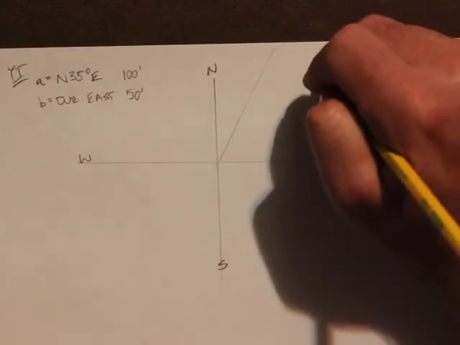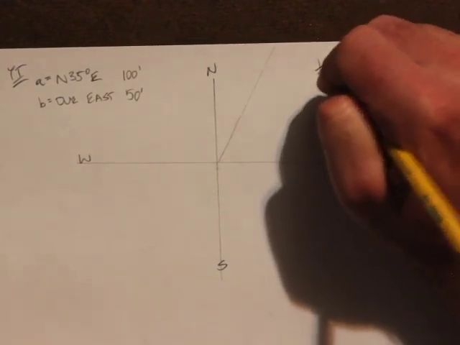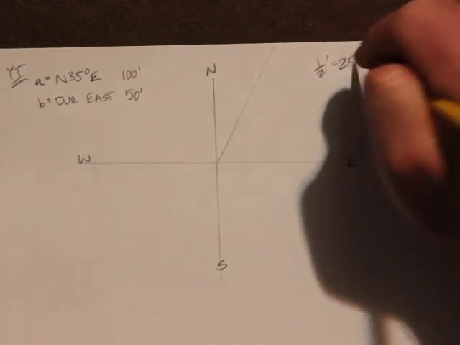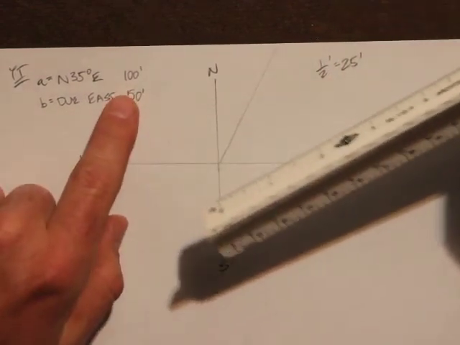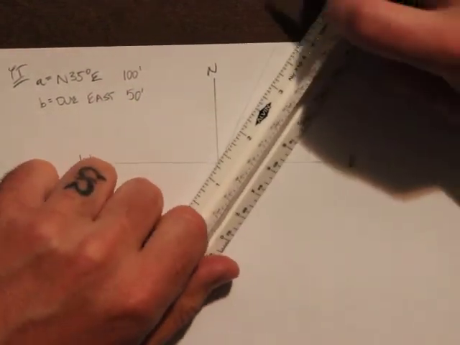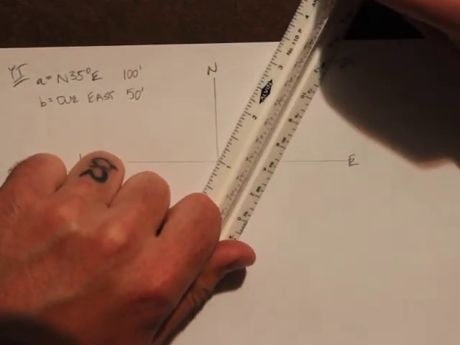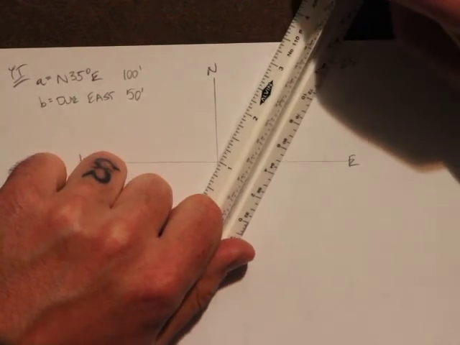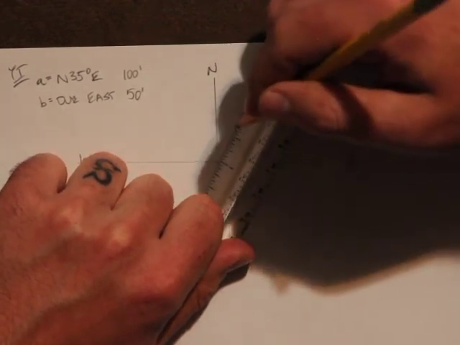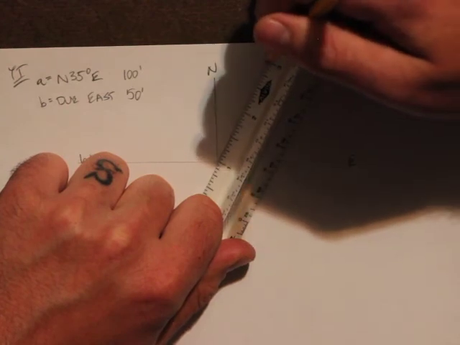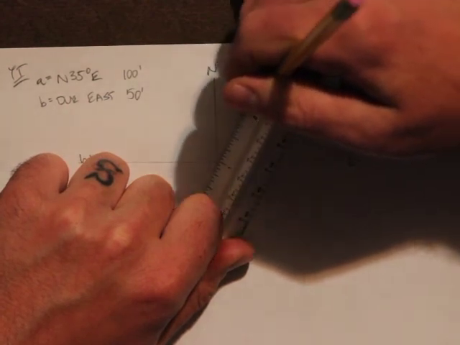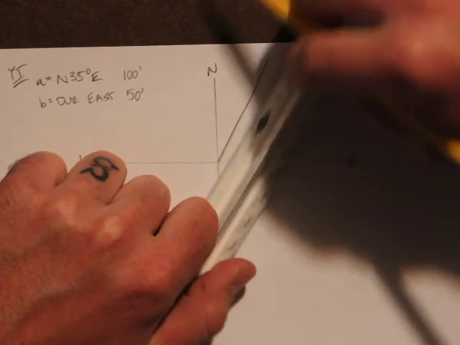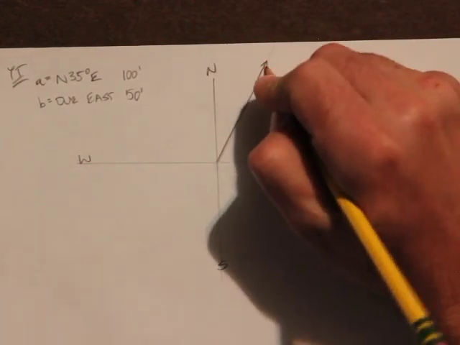So for 100 feet, I need to go 2 full inches, or 4 of 25 feet. 1, 2, 3, 4. Ooh, ugly. All right, there it is. 100 feet.